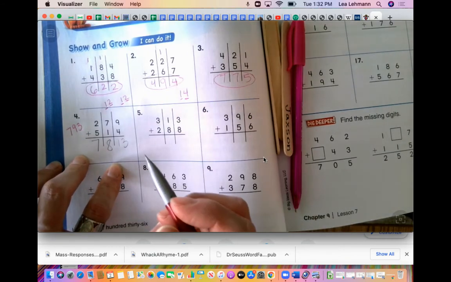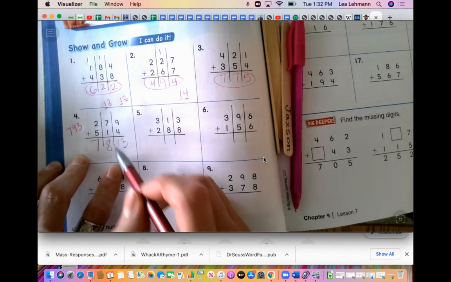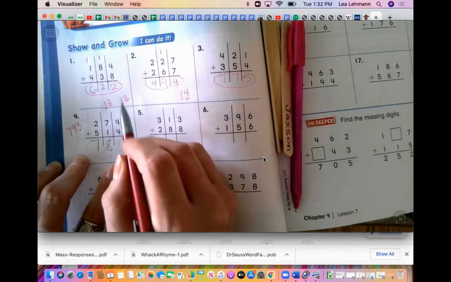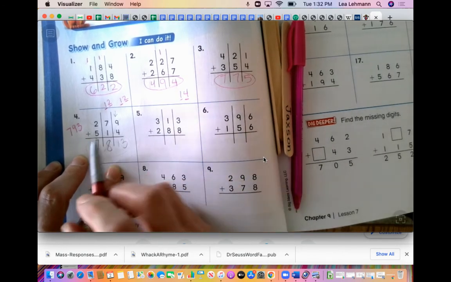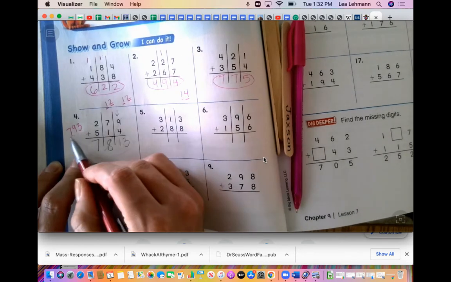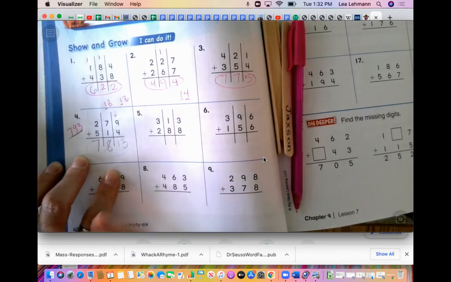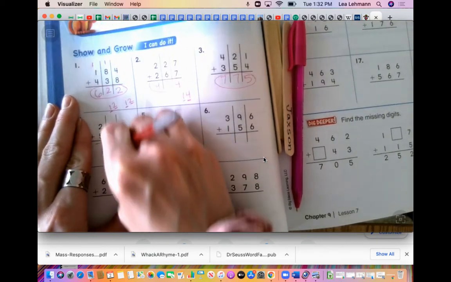So does that work? 7,830. Does that work? No. So I have to start where? With the 1s. If you don't start with your 1s, you're going to get a funky answer. It's not the correct answer. Is that the answer? No. So we need to make sure we always start with our 1s.